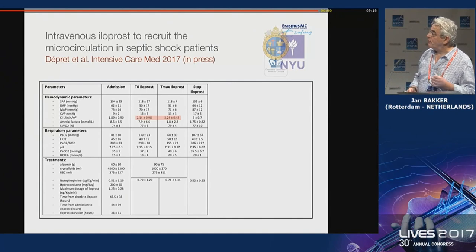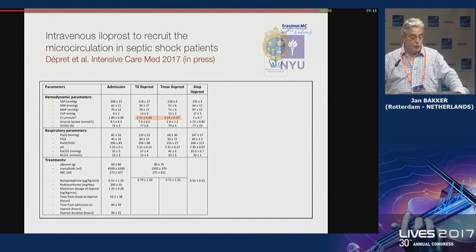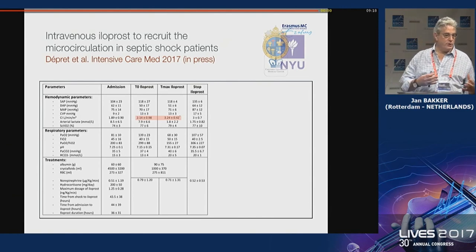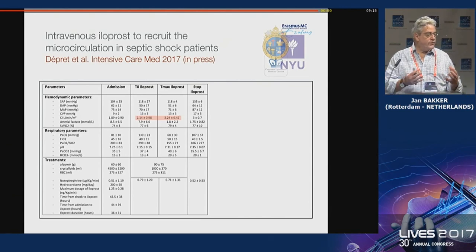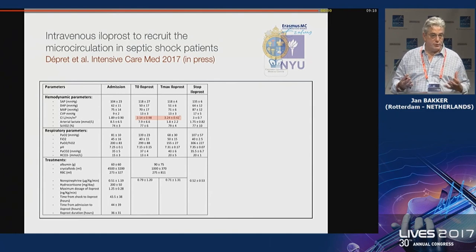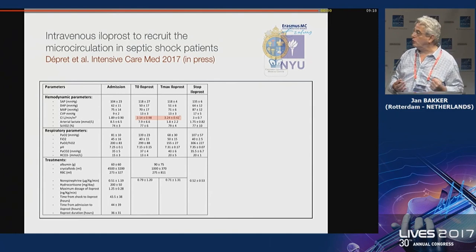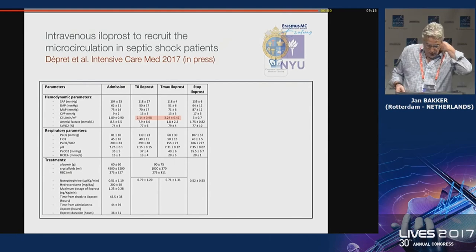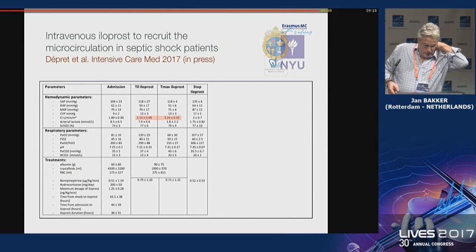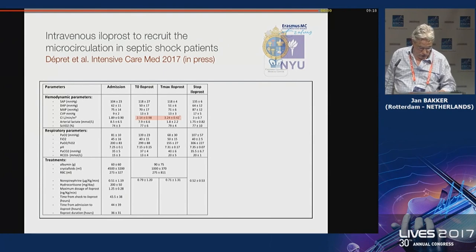This is a paper in press by Mathieu Legrand from Paris. And he had these patients with severely compromised peripheral perfusion, blue and cold, after a longer time of treatment. And so the duration was already hours. I don't remember exactly. Time from admission, 44 hours.